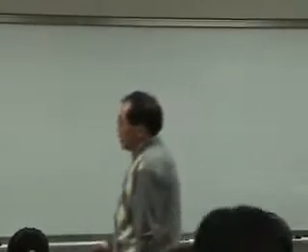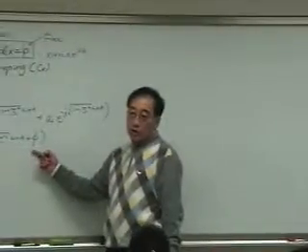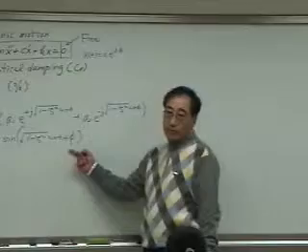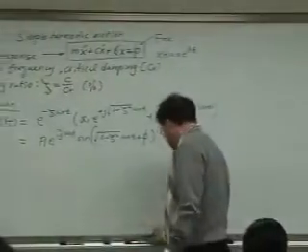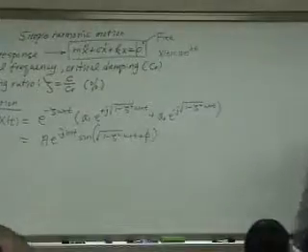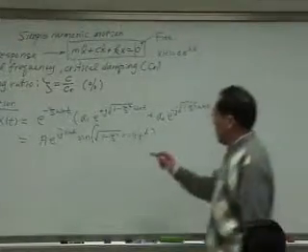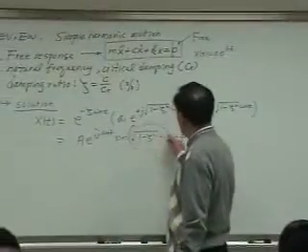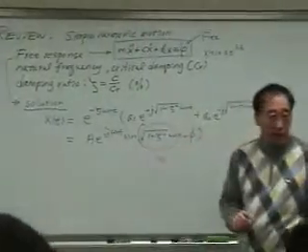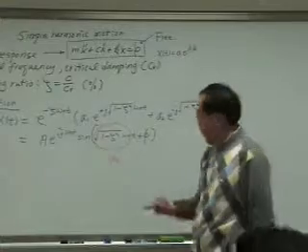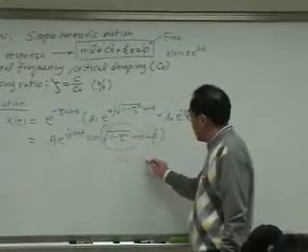So phi is a function of the initial condition. And especially we call this omega d, the damped natural frequency.